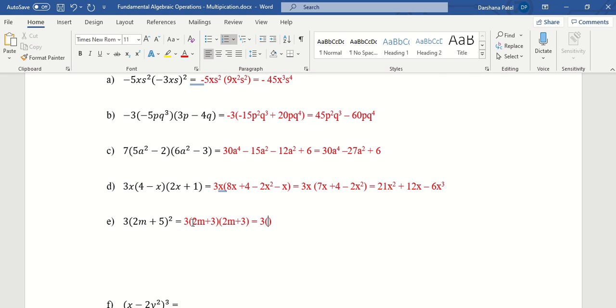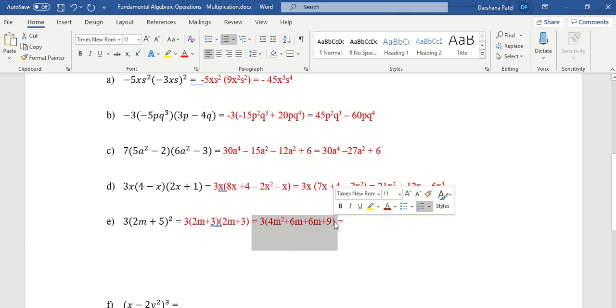In the bracket we get 2m times 2m will give me 4m square. So I write 4m square. 2m times 3 will give us 6m plus another 6m, and 3 times 3 will give us 9. Now the middle two terms, 6m plus 6m, can simplify to 12m.